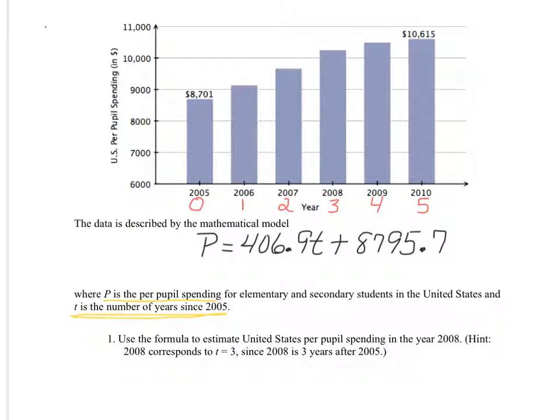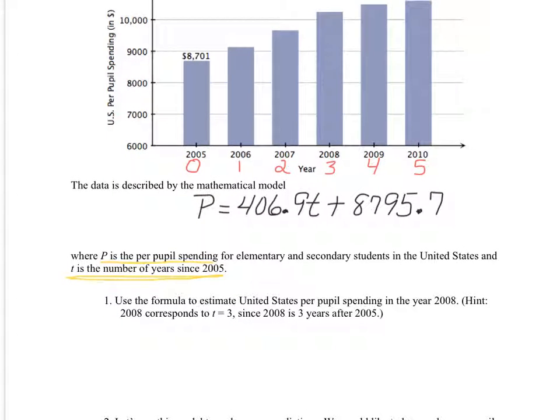Okay, so number 1. Use the formula to estimate the United States per pupil spending in the year 2008. Hint, 2008 corresponds to T equals 3, since 2008 is 3 years after 2005, and I just went over that with you, right? So we're going to put 3 into our formula where T is.